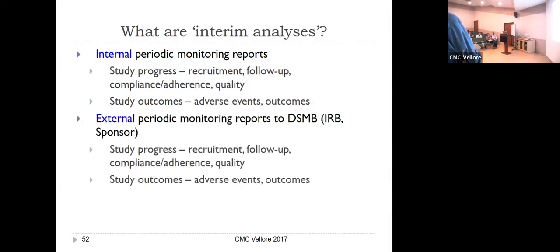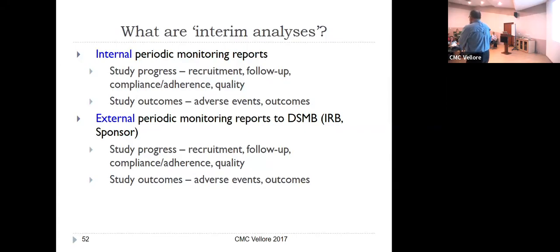The only people who are unblinded to the treatment allocation are the Data Safety Monitoring Board and the statistician that prepares the report for them. So there's usually one person or one group of people that prepares the report, and that person is unblinded to the study results.